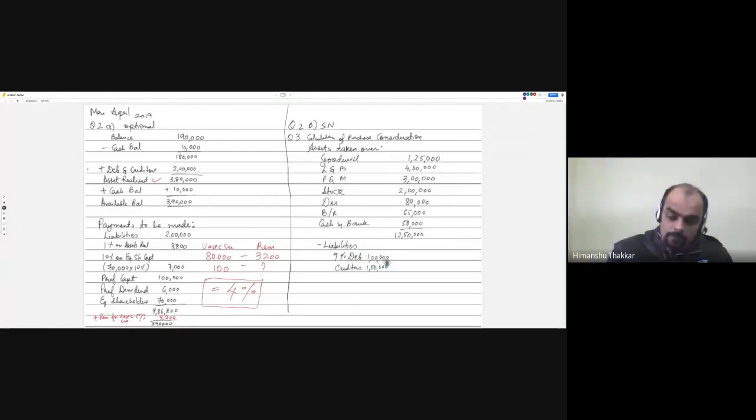So the total of liabilities taken over is 2 lakh 50,000. So your purchase consideration comes out to 10 lakhs. This is purchase consideration.